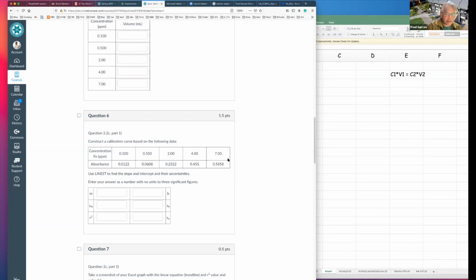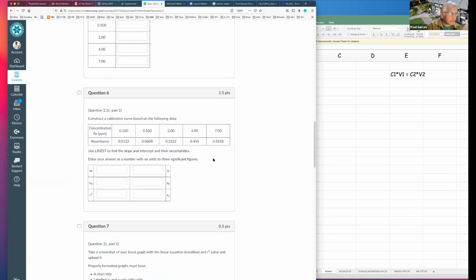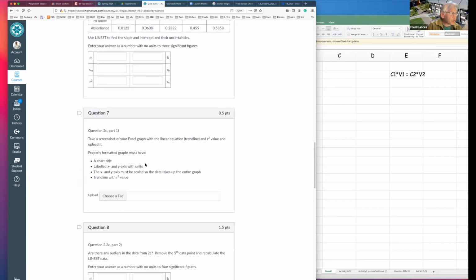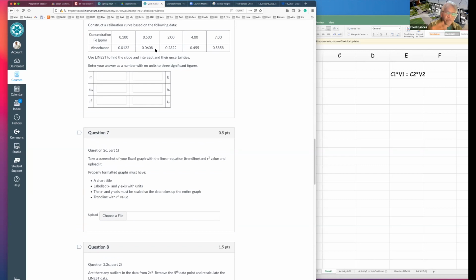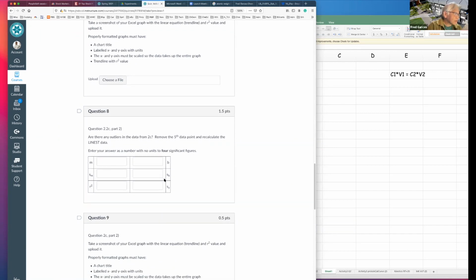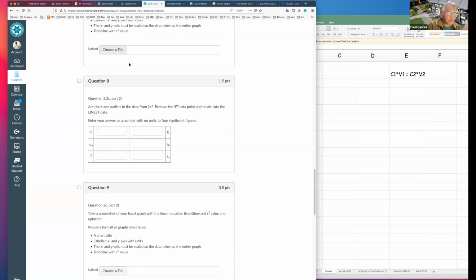It's not necessarily the end, but just practice, delete one of the points, see whether or not you can improve your correlation factor, and then regraph it with just not 5, but with 4 data points. Okay, and then do Linest again. Do a screenshot because you guys are going to upload the file.